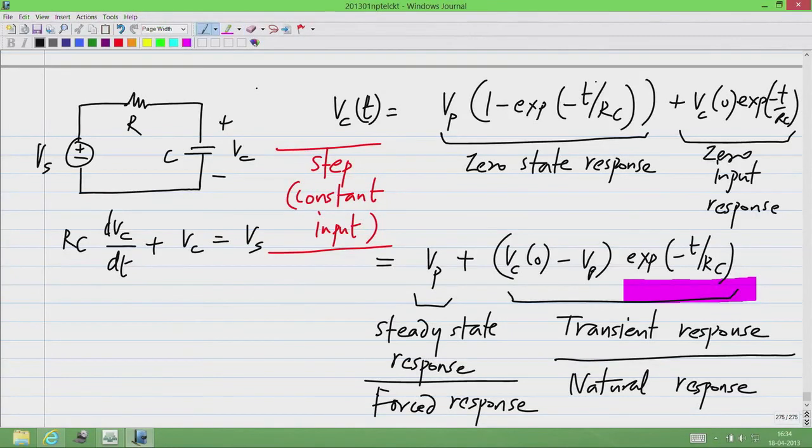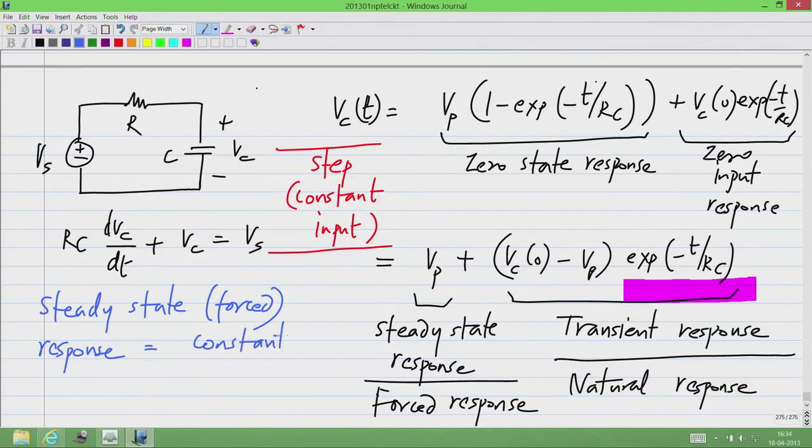So, the first thing we observe is that for a first order circuit, the steady state response or the forced response is a constant for a constant input.